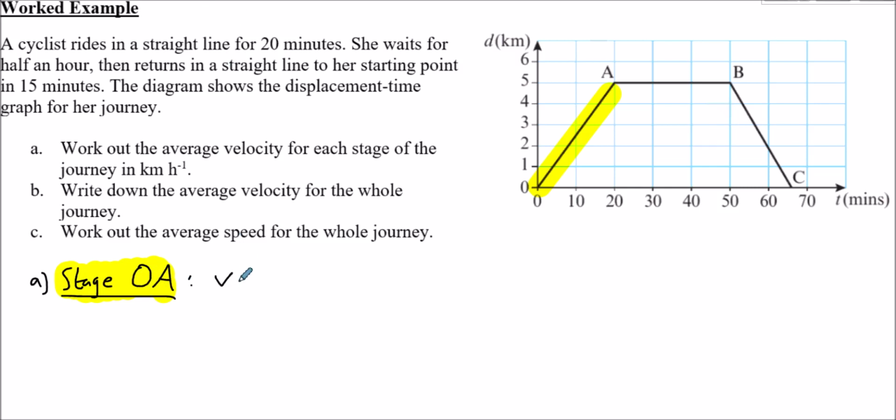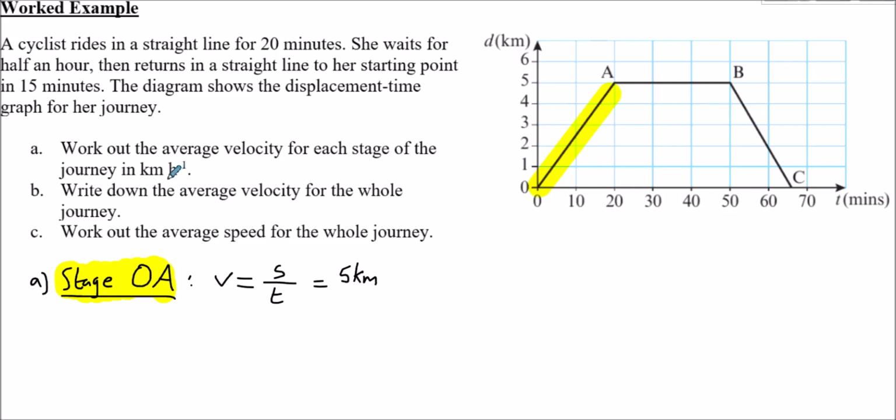I'm going to use shorthand here, V equals change in displacement divided by time. For displacement, as we go from 0 to A, it's gone up from 0 to 5. It's gone up by 5 kilometers. And that's taken her 20 minutes.